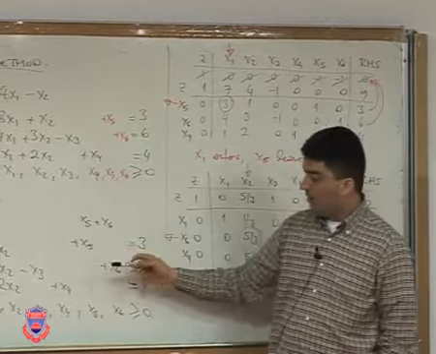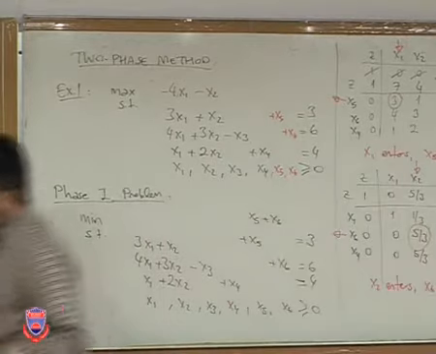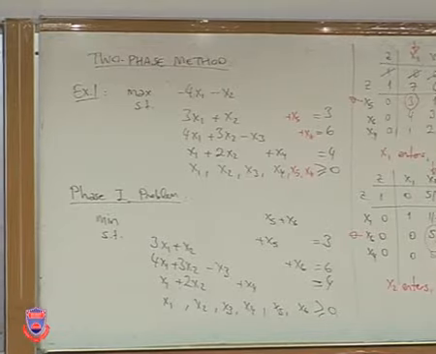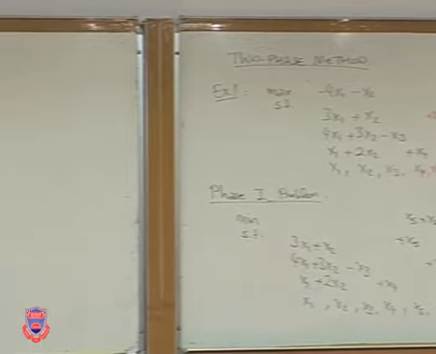At the end of phase 1, we found a solution whose objective function value is equal to 0. We now say that I found a feasible solution for the original LP problem. So now I can move on to solving the original LP problem. So this is optimal. This is the end of phase 1.